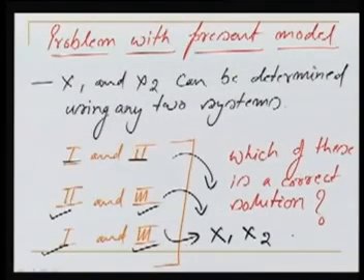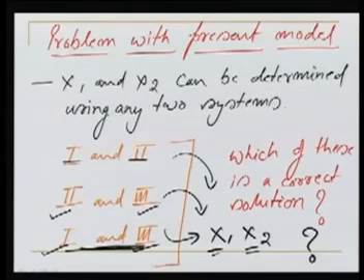Now the problem is, which out of these three? Because the first set will give one value of X1 and X2. Similarly, the second set will give one value of X1 and X2, and the third one will also give one value of X1 and X2. Now the question is, out of these three possible solutions for X1 and X2, which one should we take?